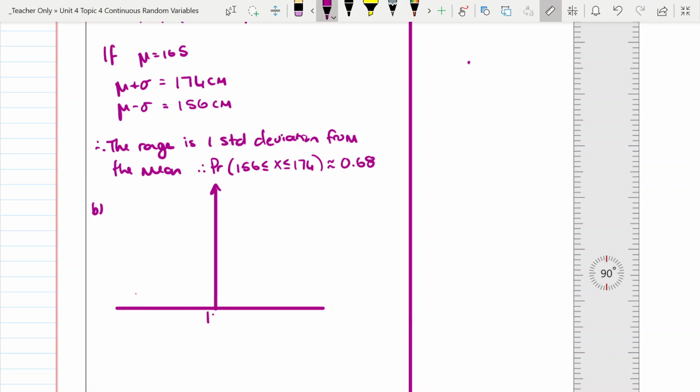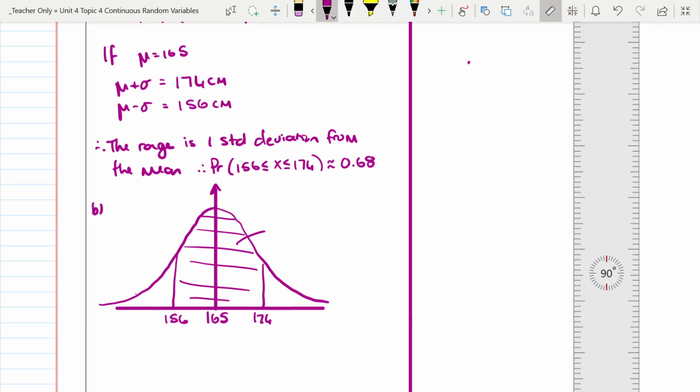Okay, so we know our mean is 165, and we know it's normally distributed, so we have a beautiful bell curve that looks symmetrical, and we know that one standard deviation from the mean is 156 and 174, so we know that that whole area there is 0.68, and we're interested in more than 174. That's X. So this is actually the area that we're interested in.